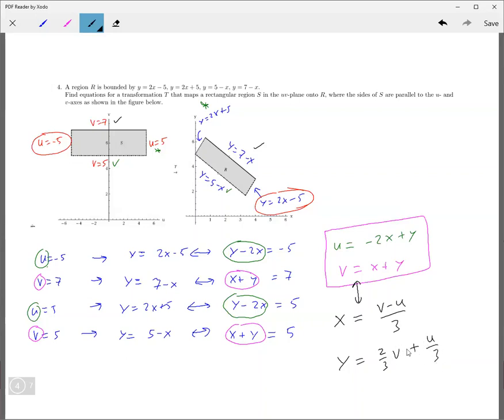I guess I should have put the u's in front of the v's, but oh well. So that would also work if you put those answers in. And then from here you could actually calculate the Jacobian.